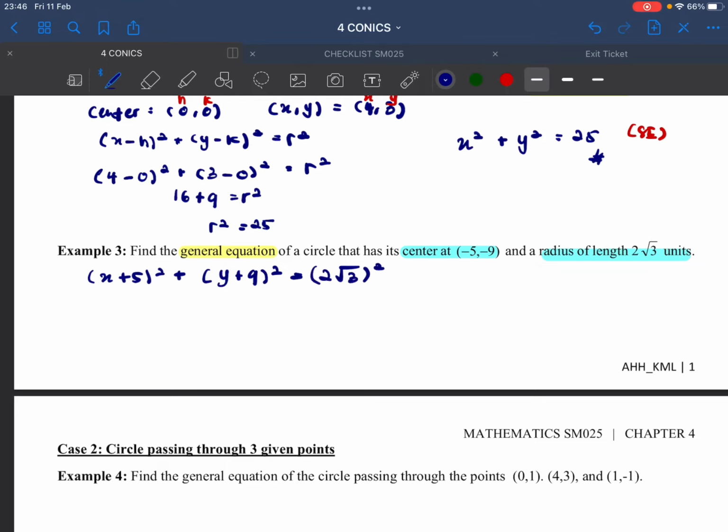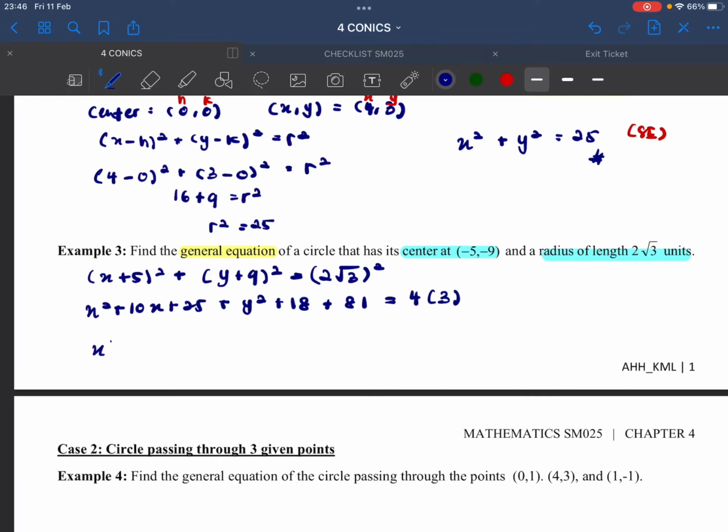Okay, the question asks to find the general equation, so make sure you expand. We have x squared plus 10x plus 25 plus y squared plus 18y plus 81. Don't forget this one you also have to square: 2 square root 3 squared, we have 4 times 3, that's going to be 12.